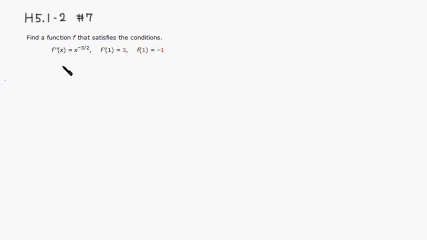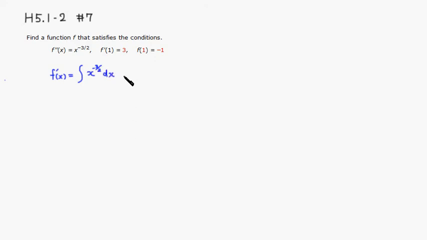First we have a second derivative, so let's try to find the first derivative. So f prime of x is equal to, right? We need to take the antiderivative to go back. So we take the antiderivative of x to the negative 3/2 power with respect to x.